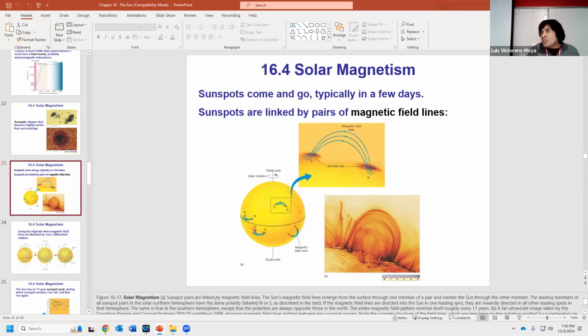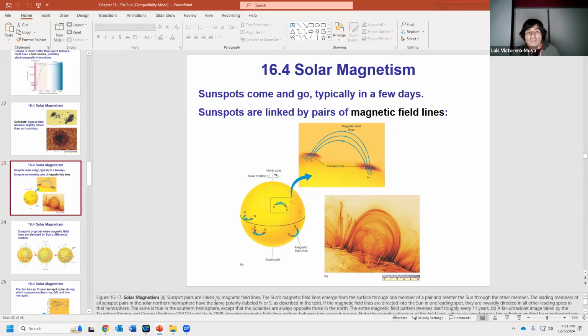So sunspots, guys, we can track them because they can come and go, maybe because of the rotation of the sun or because of the solar activity. Sunspots are linked to magnetic field lines, guys. You see, the magnetic field line can enter from the north or go from north to south like that.